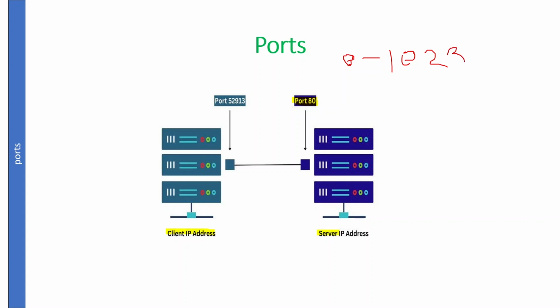From 0 to 1023 are well-known port numbers. Then we have from 1024 to 49,151. These port numbers are assigned for specific applications and services. Then we have the remaining port numbers for dynamic allocation for temporary connections, right?